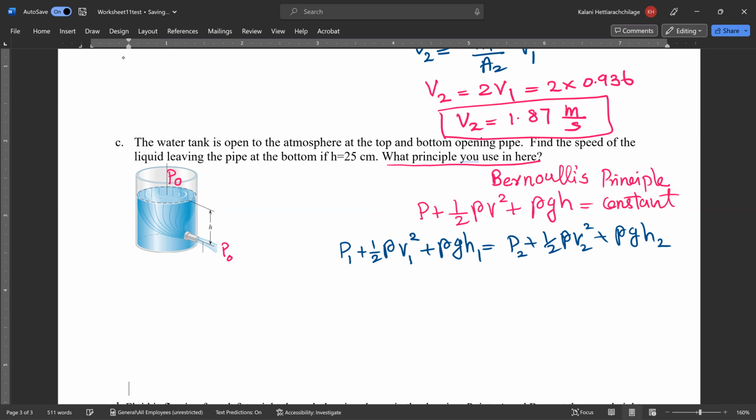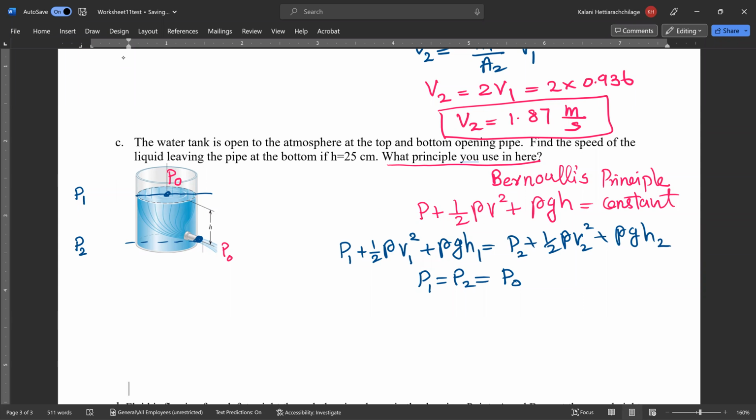Now let's see where we're going to take H1 and P1. I'm going to take this place, and this is the other place that I am working with. So this place will say pressure P1, and this place will say pressure P2. What we know is pressure P1 and P2 are both open to the atmospheric pressure, so that will be P naught.